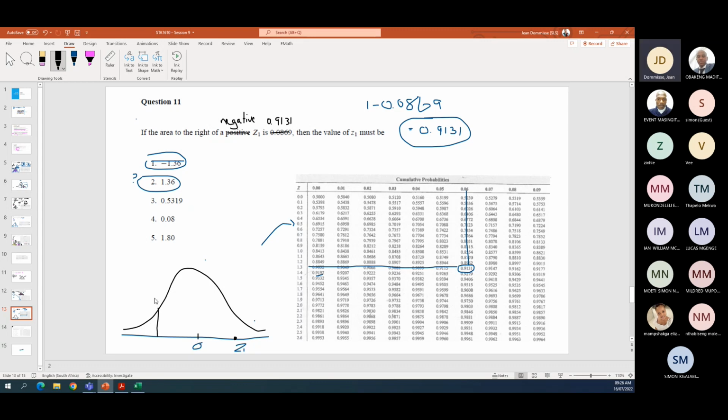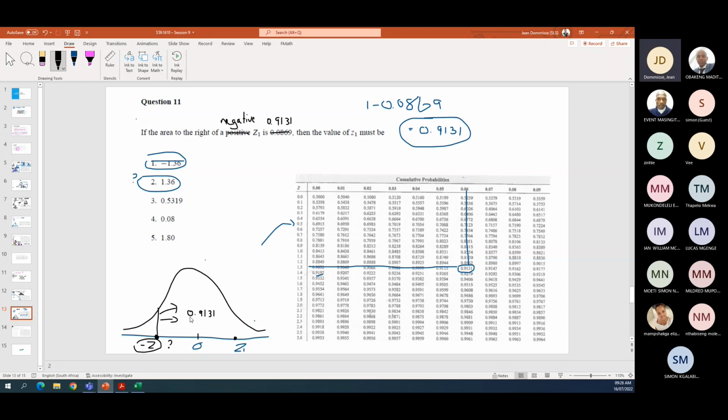If the area to the right of a negative Z is given, then what is the value of that Z? They tell us this area is 0.9131, and we need to find out what that Z value is.